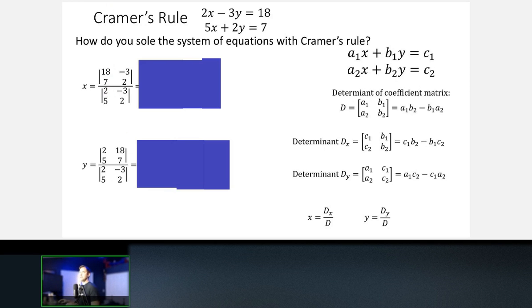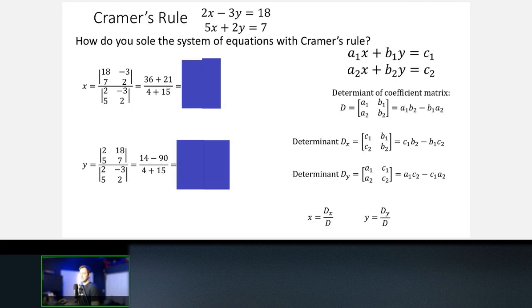But two negatives make a positive, right? So your next blank on the top is going to be this. And then for the bottom, 2 times 2 is 4 minus negative 3 times 5 is negative 15. Two negatives make a positive. So that's that second blank, top and bottom.